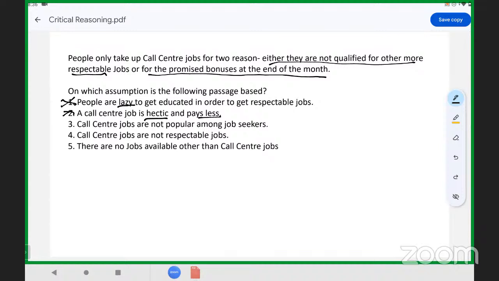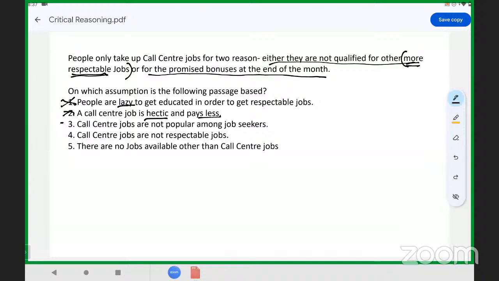Call center jobs are not popular among job seekers. Okay, let's consider this point. Call center jobs are not respectable jobs. Look at this: it is nowhere mentioned that they are not respectable.